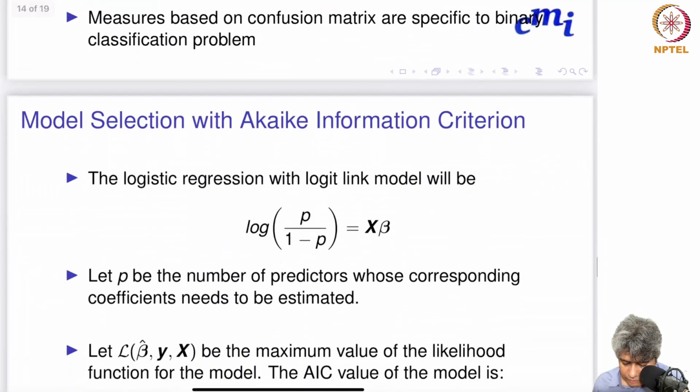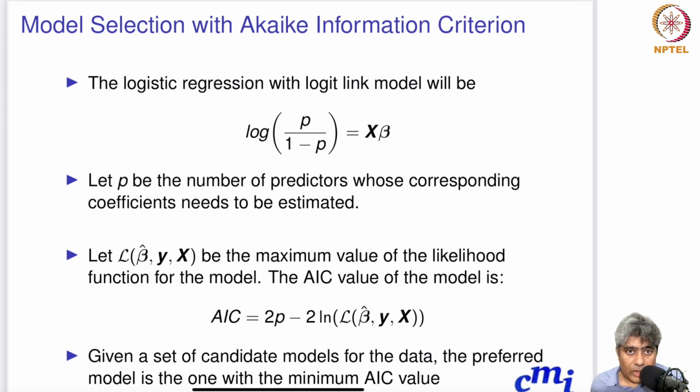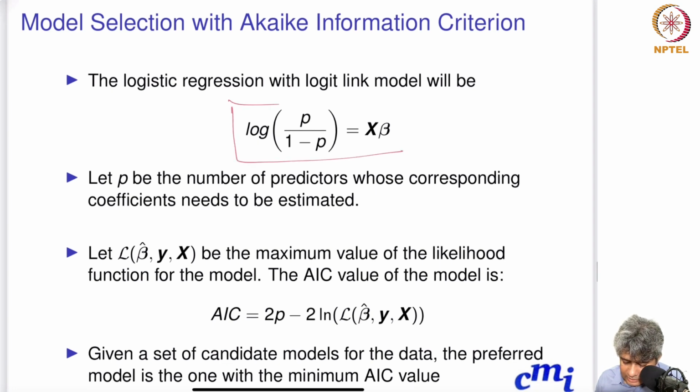And from statistics literature, model selection with Akaike information criteria is most popular. Logistic regression with logit link will be like this, and let P be the number of the predictors. Sorry, I should have used something different, maybe Q or K. I should use K because P I have already used for probability.